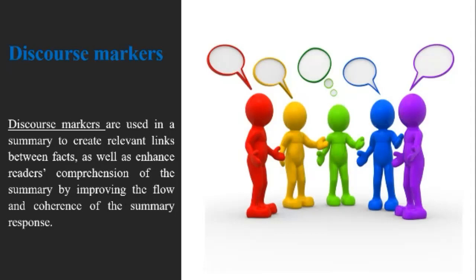And why complex sentences? Because a complex sentence contains at least two clauses, one independent, one dependent. So it means that by using the complex sentence, you can be sure to have two points expressed in one sentence.